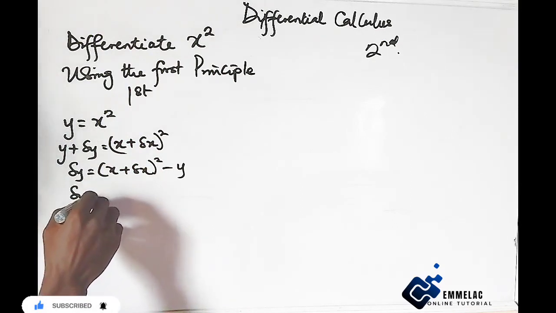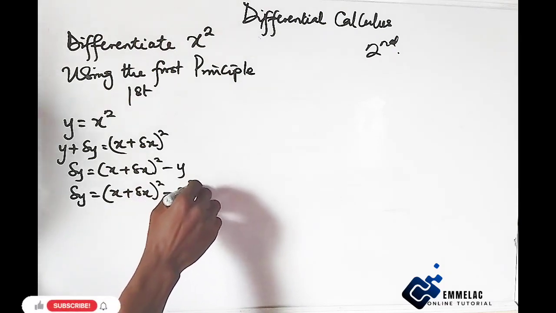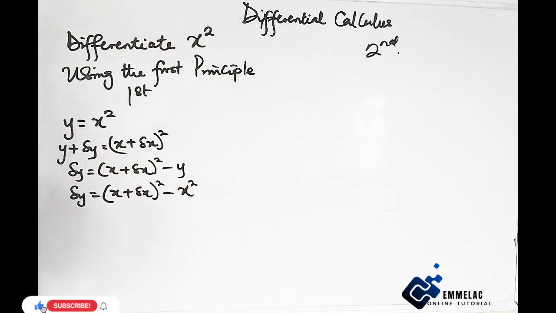Here you have change in y equals x plus change in x all to the power of 2 minus x to the power of 2. Now let's divide both sides by the change in x.